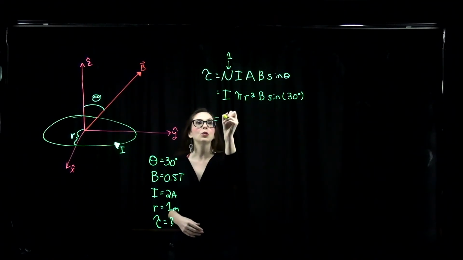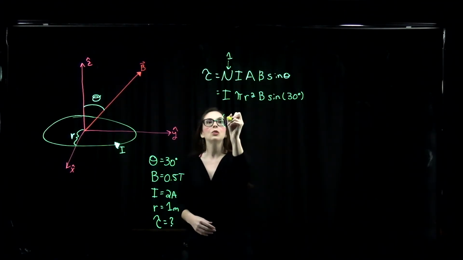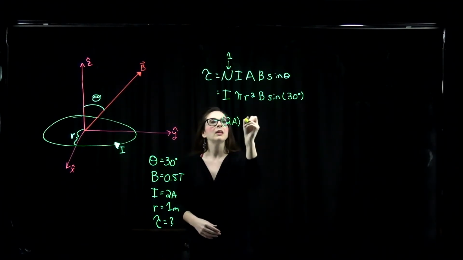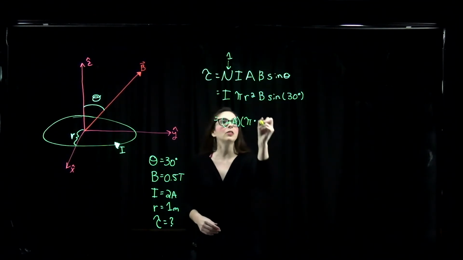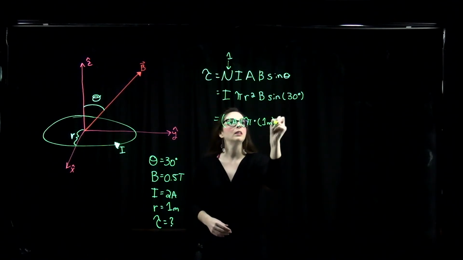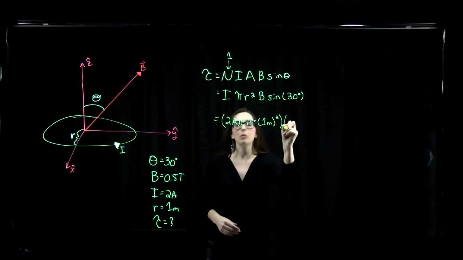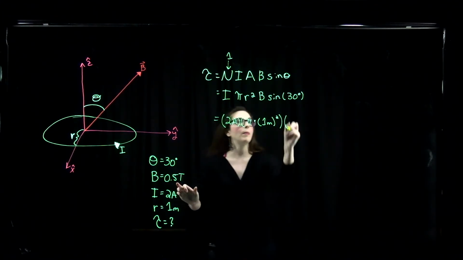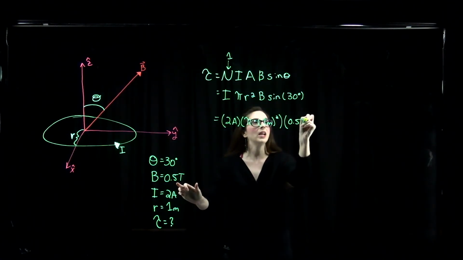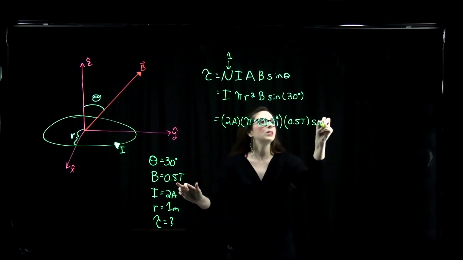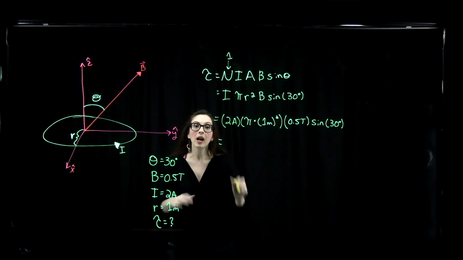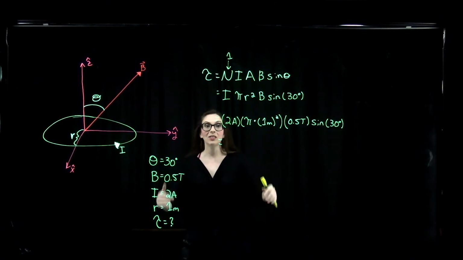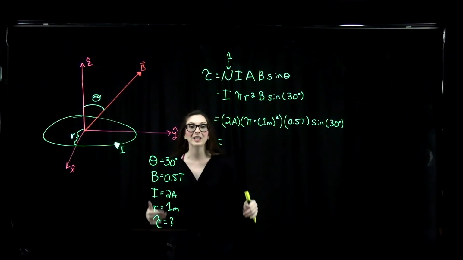So our torque is going to be 2 amperes times pi times r squared, so we're going to have 1 meter squared, and then we multiply it by the magnitude of our magnetic field, 0.5 Tesla, and then times sine of 30 degrees. Anytime we're using an angle in degrees, you use your calculator in degree mode.